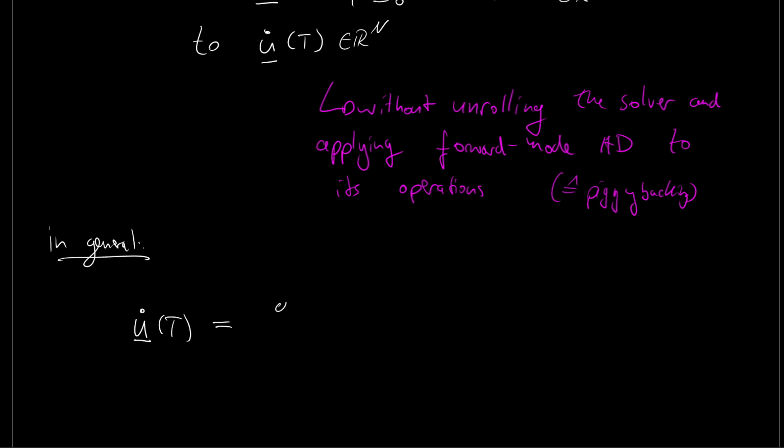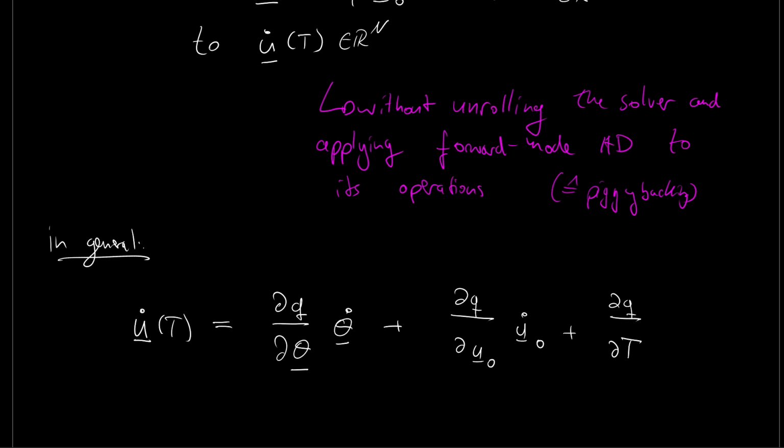In other words, it would be the derivative of q, the integrator function, with respect to the parameter vector theta, multiplied with the tangent, plus the derivative of q with respect to the initial condition, multiplied with the q0 tangent, plus the derivative of q with respect to the final time, multiplied with the tangent on it.